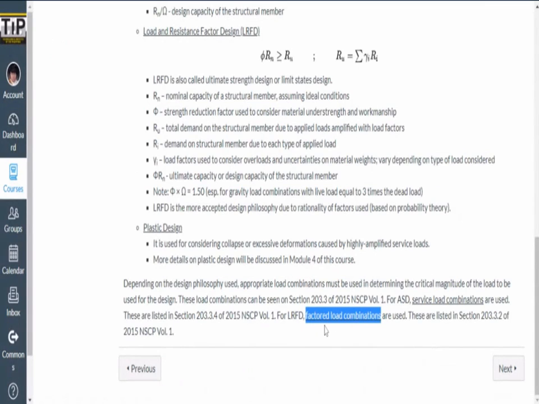So here we have the load factors. That famous 1.2 DL plus 1.6 LL is here. Okay, so the specific sections are 2.3.3.4 for the service loads and 2.3.3.2 for the factored loads.